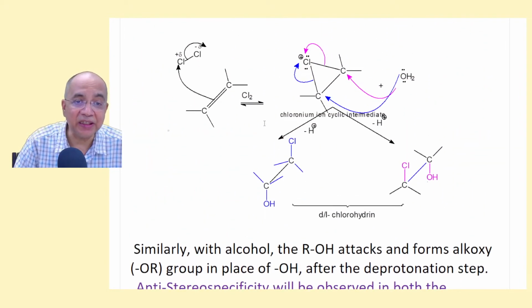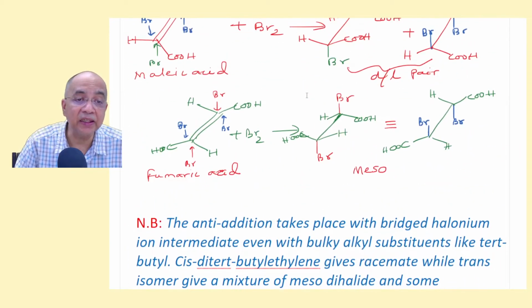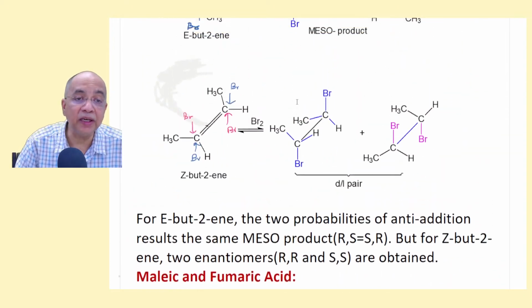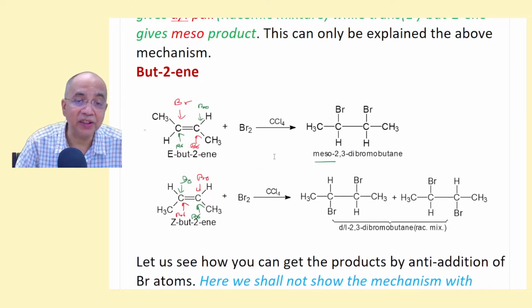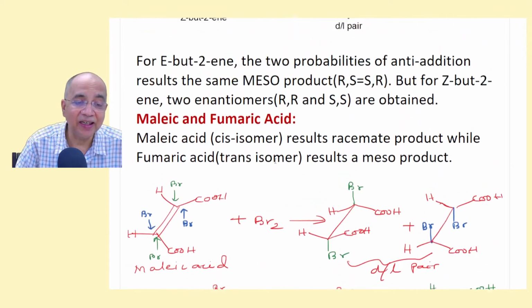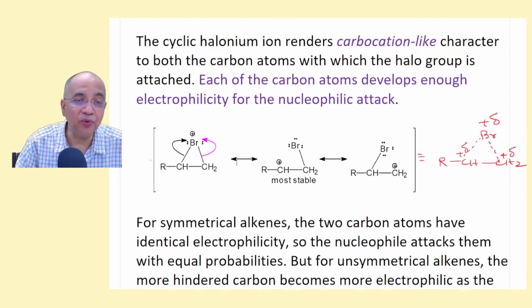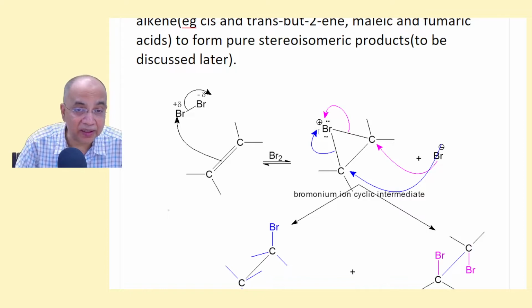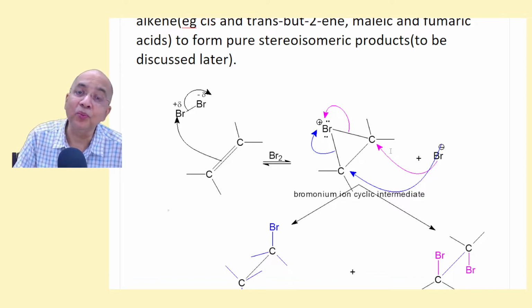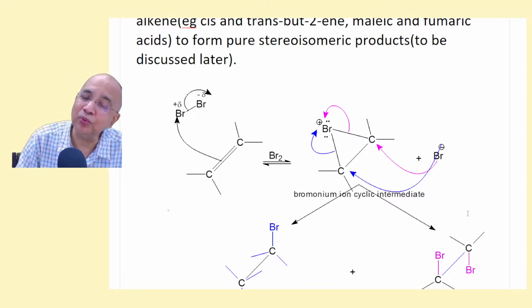Why? Because in this step, after the bromonium ion intermediate is formed like this. Then bromide will attack to give you dibromide as the major product, but chloride will also be a competitor to produce chlorobromo product.